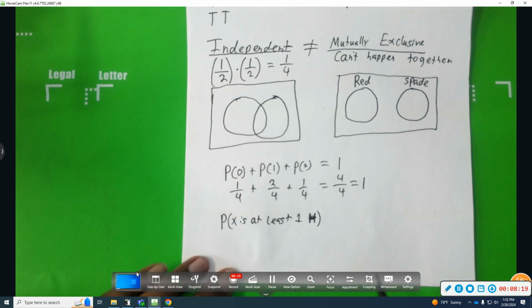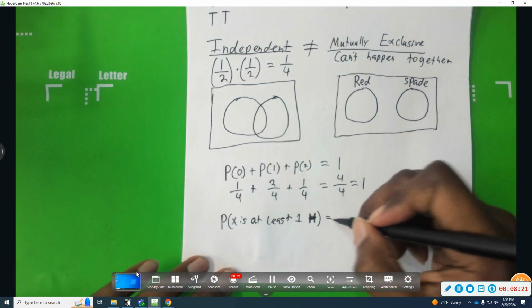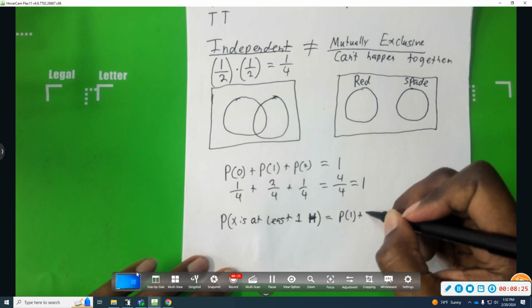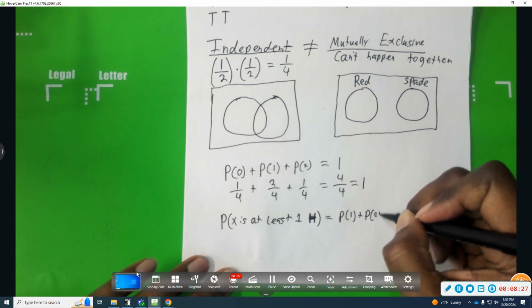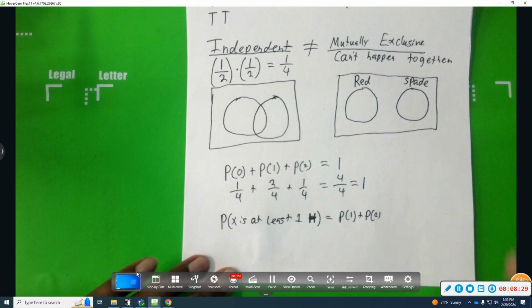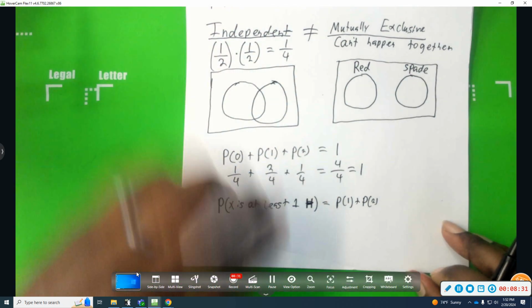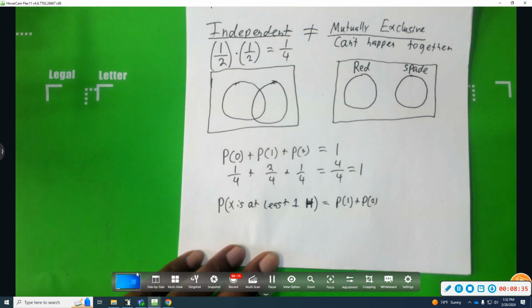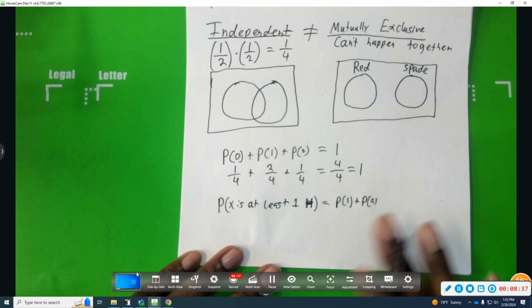So 1 or more means the probability of 1 plus the probability of 2, and so on if there was a different example that had more options, until you get to the last one. Well, in our example, it's just 2.